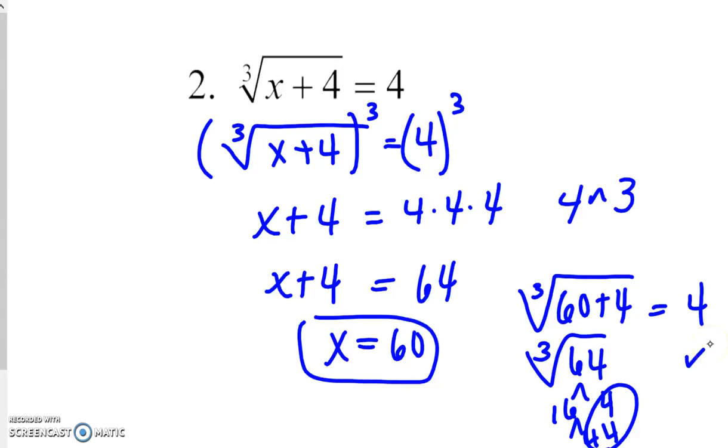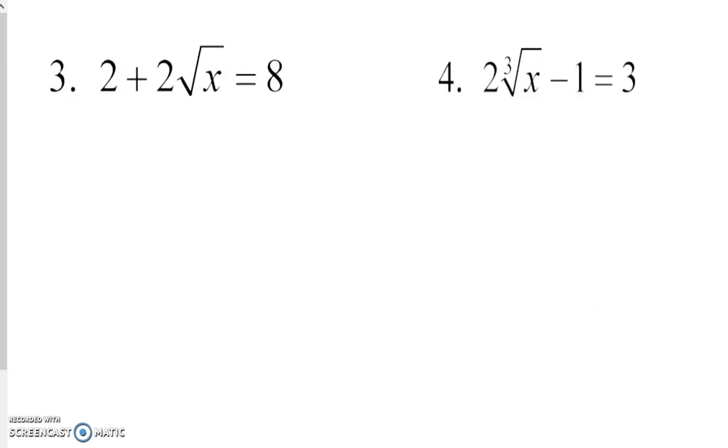Okay, so let's look at 2 more that are similar. Okay, so here's what I'm talking about. Here is your radical. Okay, and I don't want to do any squaring until I get that radical by itself. So first thing, this 2 here is positive. It's being added, so I'm going to subtract this before I start. Now I have 2 root x equals 6. Now, you have an option here.